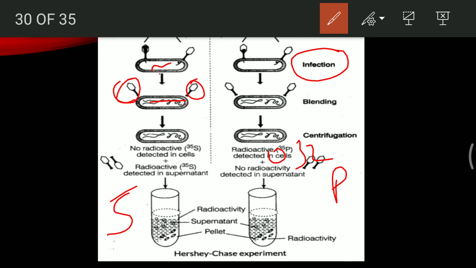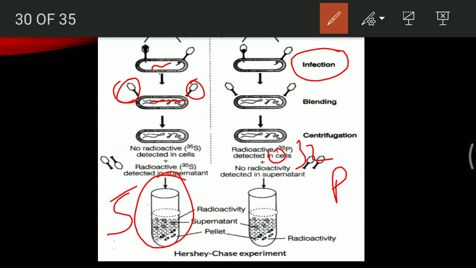So when this particular test tube was taken, all these bacteria were killed. After that, there was centrifugation done. At first, blending means cutting off the cells of the bacterium and taking the inside content outside, and after that blending it at a very high speed.